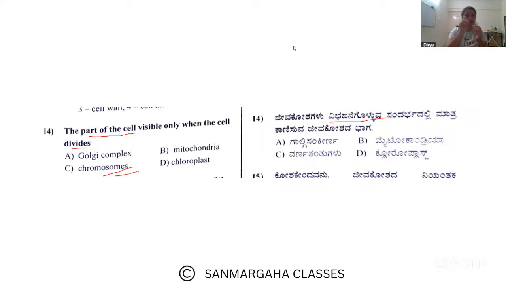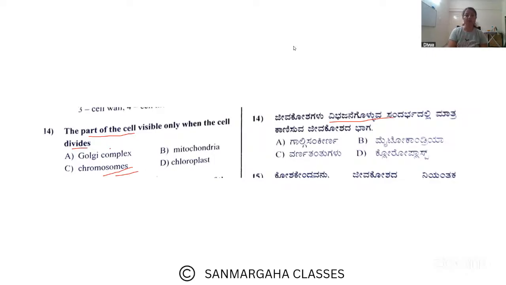We can see thread like structures, but the condensed form of these thread like chromatin fibers, they condense to form the chromosomes. And these chromosomes are formed only before the cell divides. Until then it will be chromatin network only.